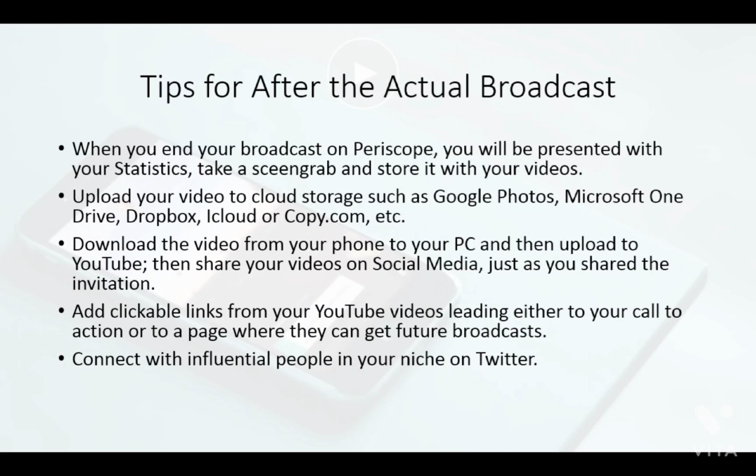Of course, you're going to do the very same thing on Periscope, but by doing it on Twitter, those people who are actually part of Periscope are going to become part of your circle. So you can do that immediately after the broadcast, and you should be doing that between broadcasts, connecting with people on Twitter who are influential. Of course, you want to do the same thing with those people that are your potential customers. Again, this is a very important aspect of being able to build up your following.